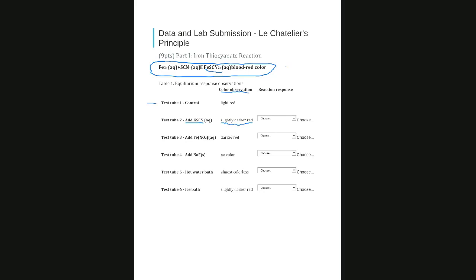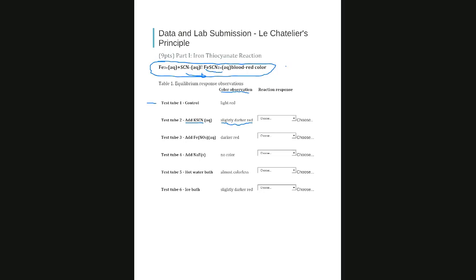They are implying that it shifts to the products, because it's a little darker than the control sample. When we add reactants, it shifts towards the products. So you will have to state the reaction response; in this case, it's obviously towards the products. They are telling us everything, that's why I say it's so easy.